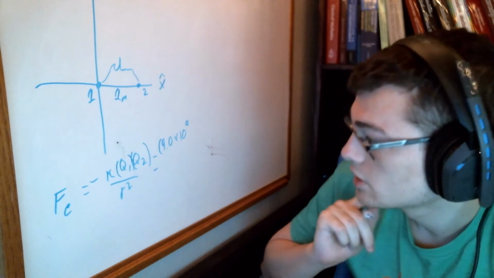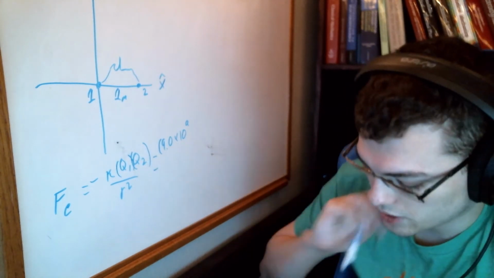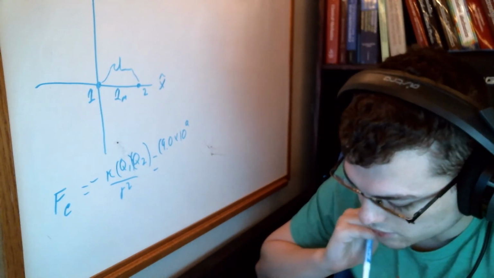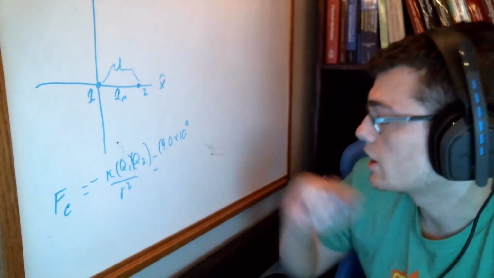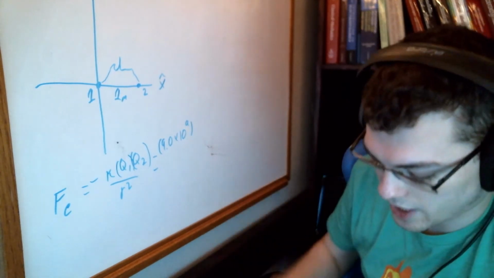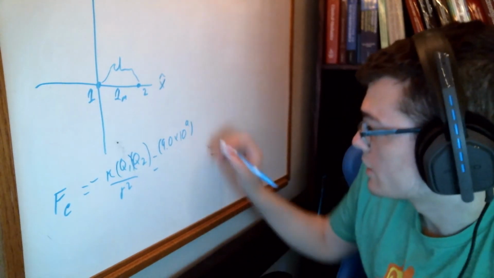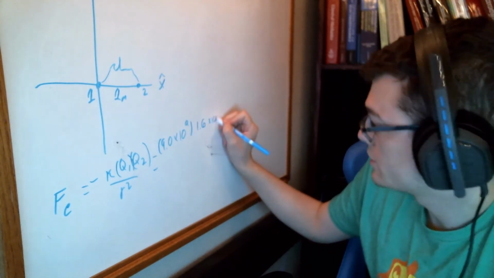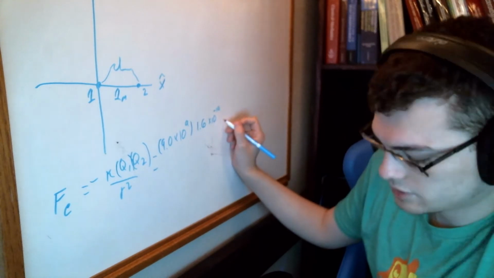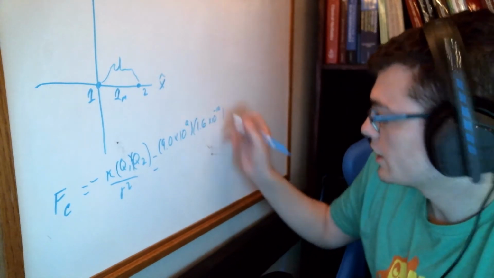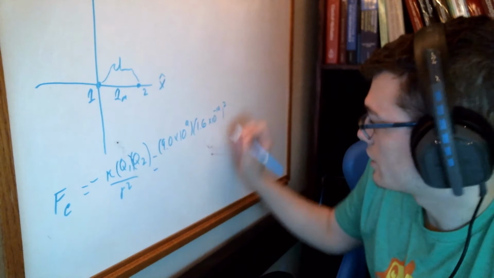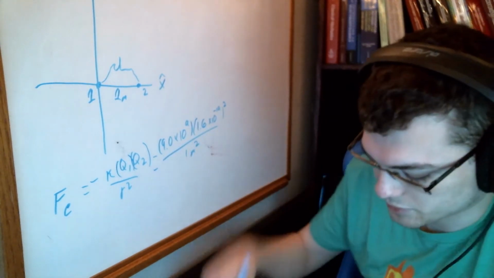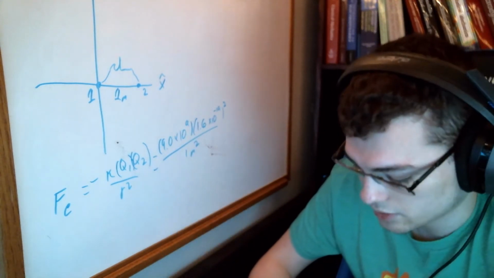So let's just say that these are two particles of elementary charge. Let's say they're protons, and so they're going to have the same amount of charge, 1.6 times 10 to the -19th coulombs. Then we square this, all over 1 meter squared, because when you take 1 and square it, that gives you 1 again.